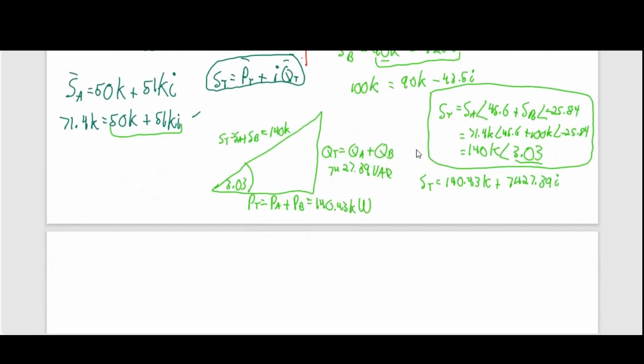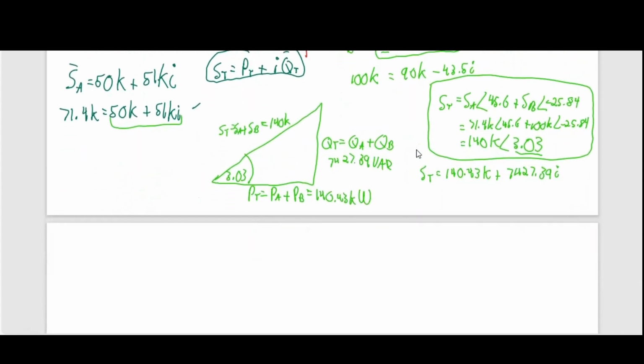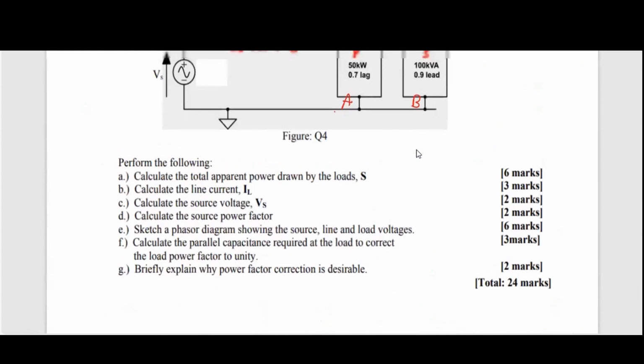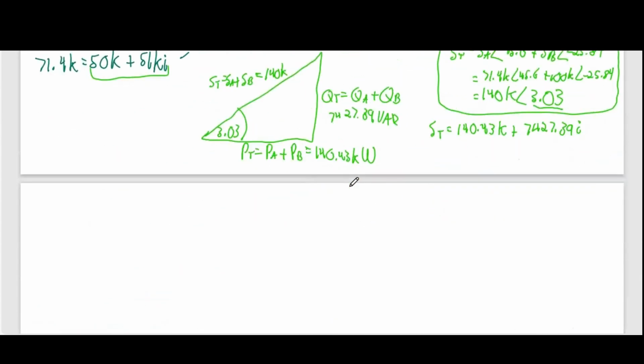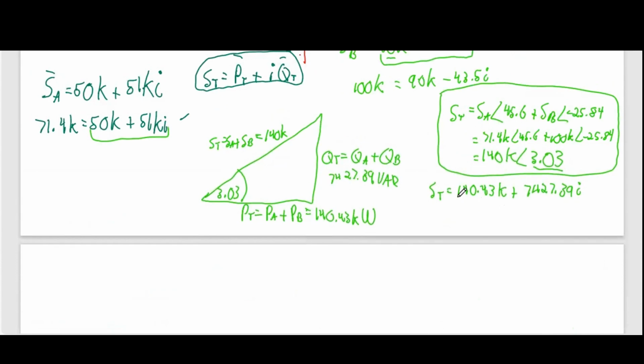From there, all the other steps that we did before will hold. That's the good thing about it. The first thing they want us to calculate was the total apparent power. We already got that. The total apparent power would be the total S, which was this here, with the angle. We already calculated it.